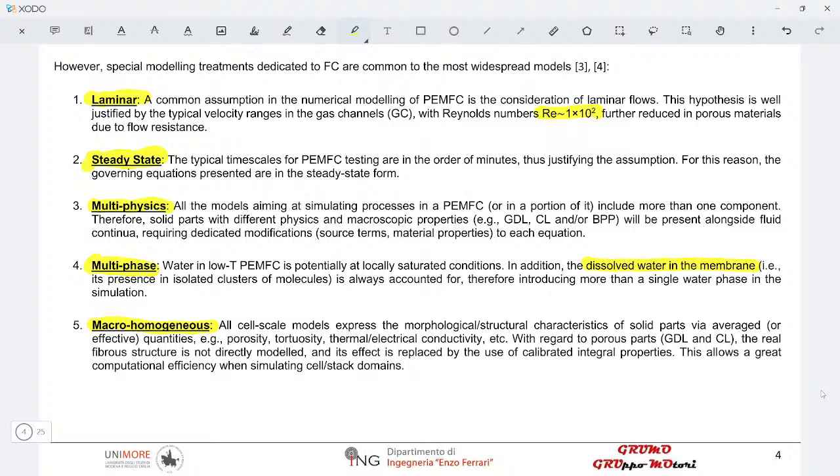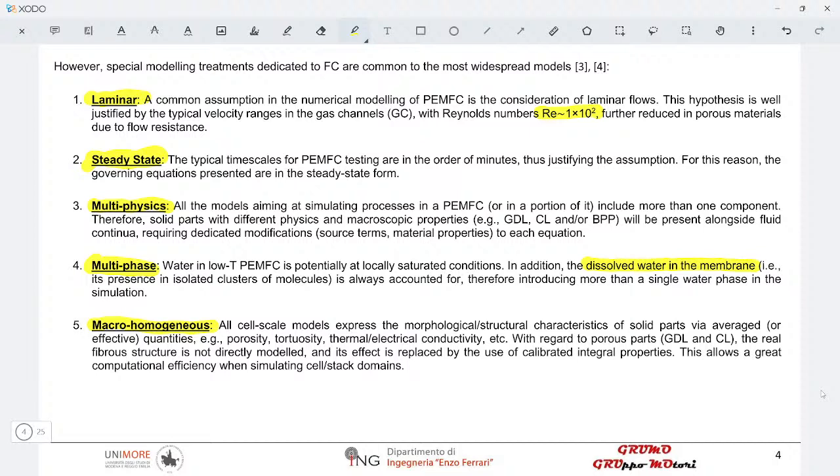Now, of course, we might think, what is the best modeling that we can do? We could reproduce the exact structure of the porous materials. This can be valid for foams, or we can do this for this particular type of porous materials.